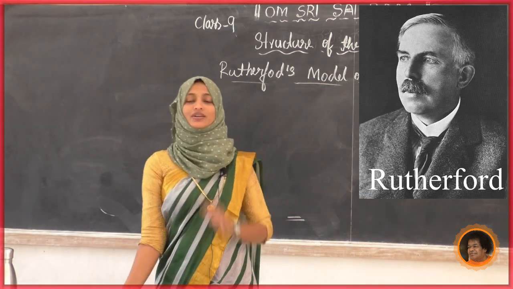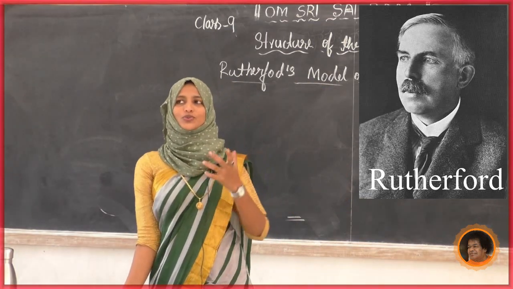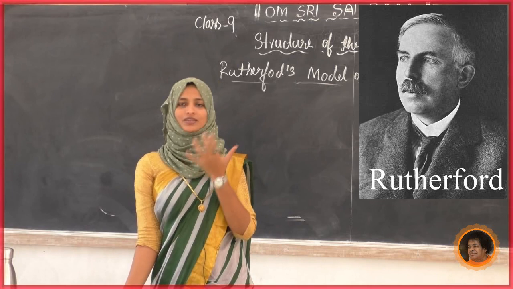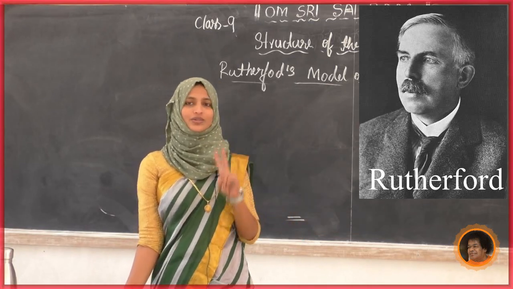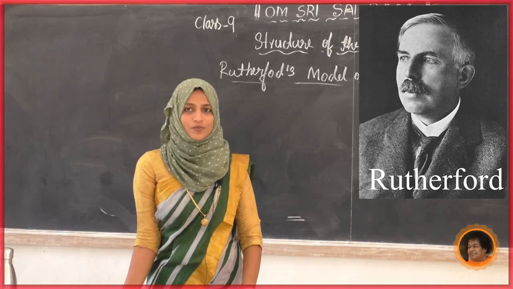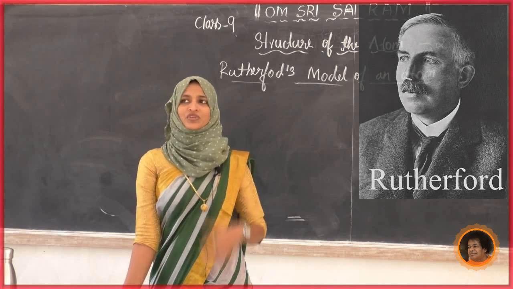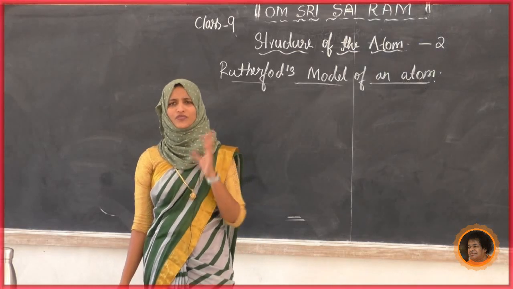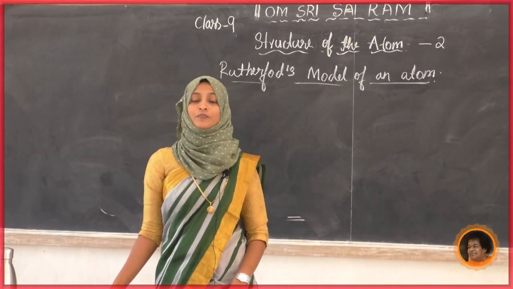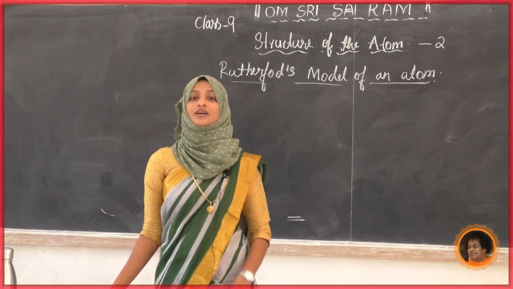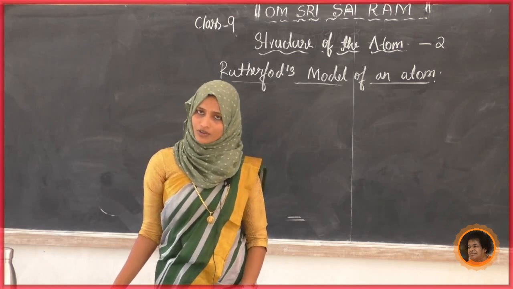The main intention he had at that time was to discover the nucleus. What Thomson had not explained was the nucleus; he explained only two subatomic particles, right? Ernest Rutherford is a very famous scientist, one of the very famous scientists in nuclear physics, and he got a Nobel Prize.